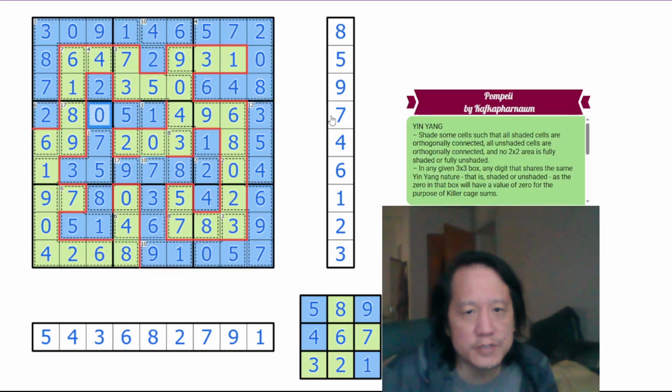This 0 is missing 7, 4, and 3. This 0 is missing 4, 6, and 8. This 0 is missing 6, 9, and 7. This 0 is missing 5, 2, and 3. This 0 is missing 6, 1, and 2. And this 0 is missing 3, 7, and 1.